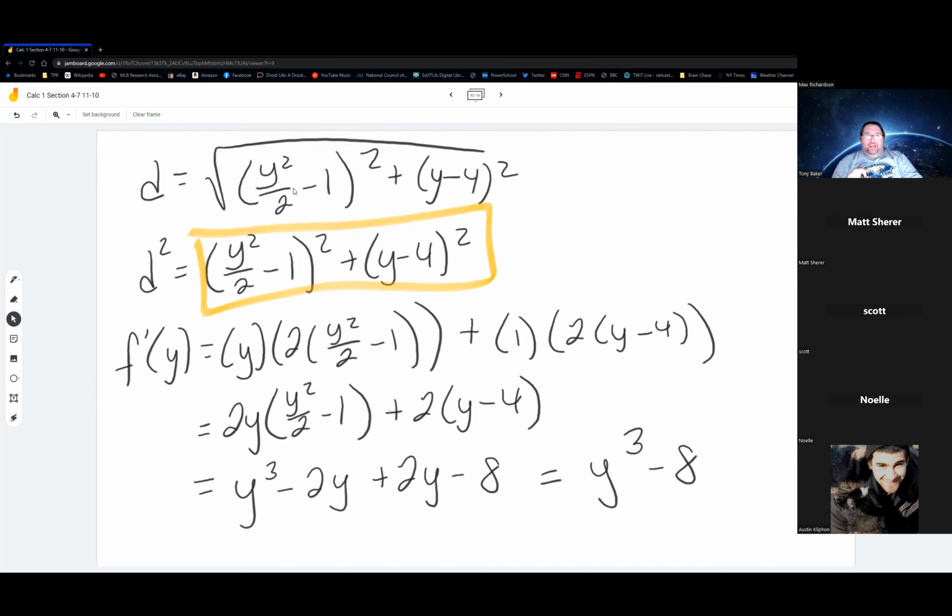If you think about it this way, if the number underneath the square root is the smallest, the square root of that is going to be the smallest. There's no way to make a number bigger in here that's going to give me a smaller square root out than that number. So in all honesty, I really just have to look at what's underneath the square root, and that's what I did with the d squared. I basically got rid of the square root, but I'm just looking at what's underneath it.